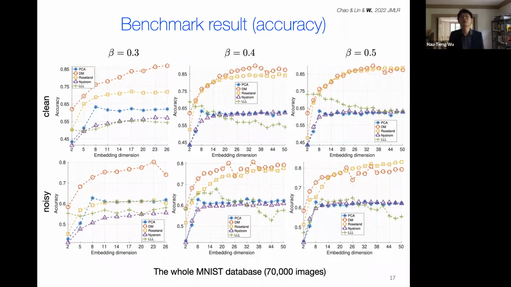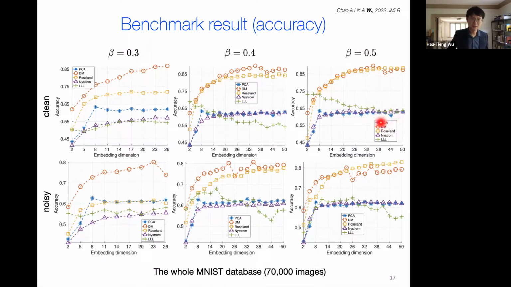To our knowledge, if you don't do supervised learning and just do unsupervised learning, this might be already very good. According to our knowledge, the state of the art is roughly around this region. But if you compare with other algorithms like LLE, Nystrom, or purely PCA, you may go up to 65 and cannot go beyond.